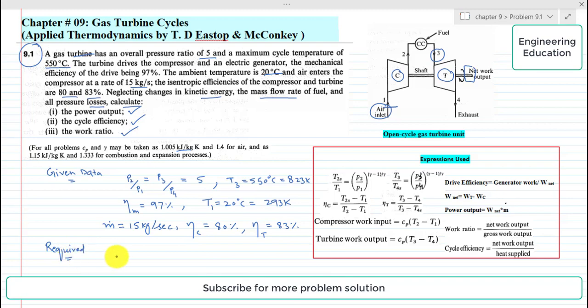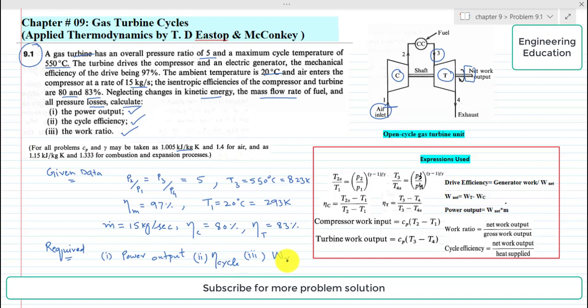First, we will find the power output. Second, we are required to find the cycle efficiency. And third, we will find the work ratio.